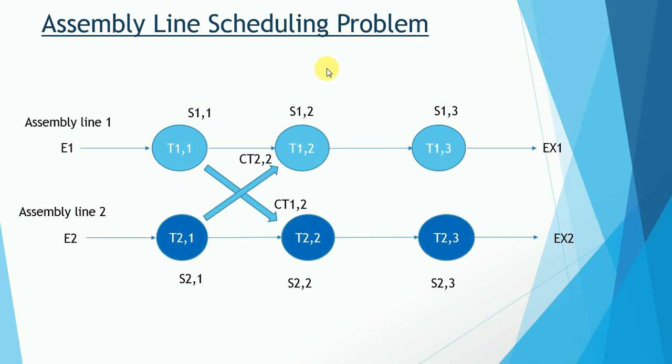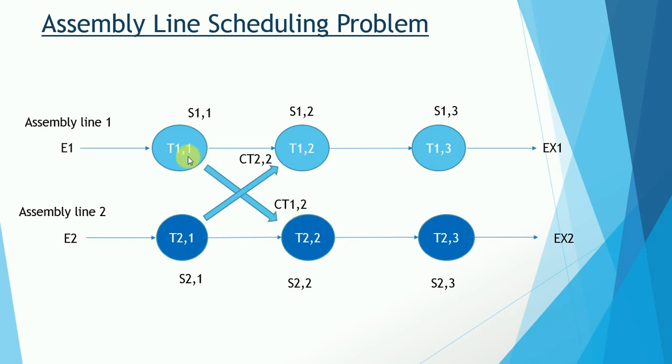All right. So when it moves to the next station in the same assembly line, no extra time is taken by the chassis. But when it changes the assembly line, then there is some extra time incurred by the chassis. And that is denoted by CT1,2. Actually, it is very much specific to this station.